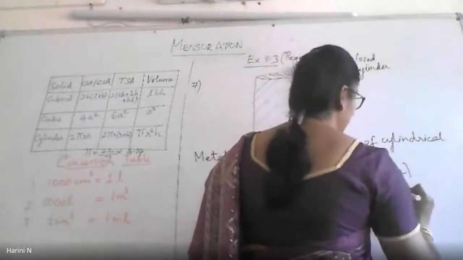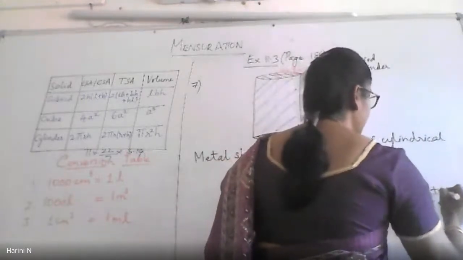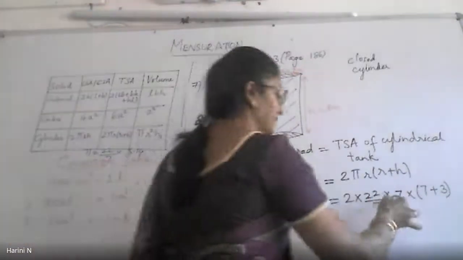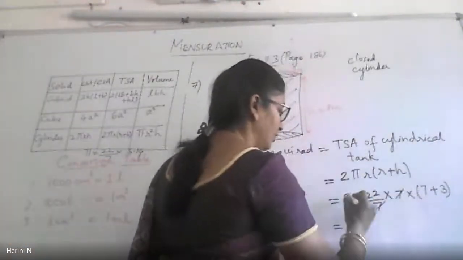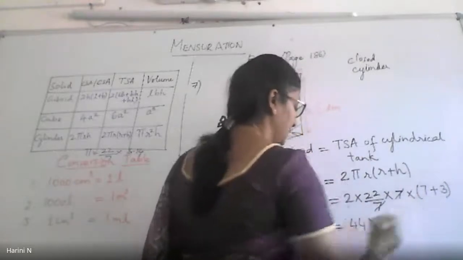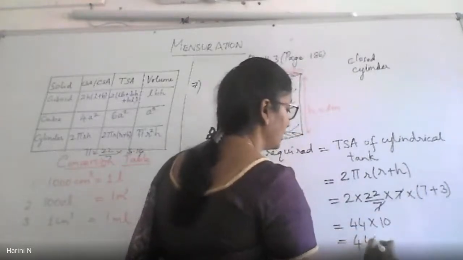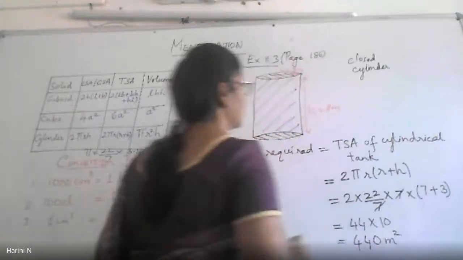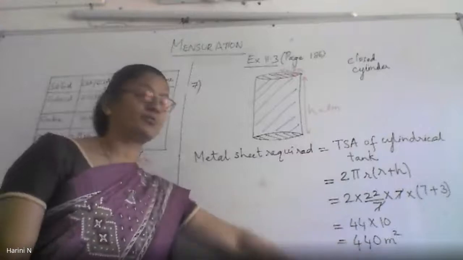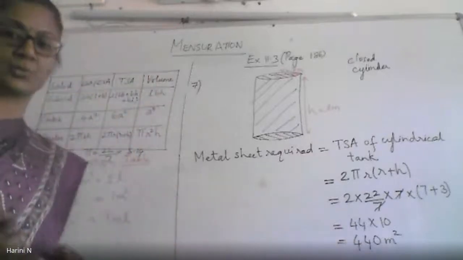The radius is 7 into (7 plus 3). This substitution you should do carefully. Then you can cancel the 7 and 7. You have 2 into 22, which is 44, into 10, since 7 plus 3 is 10. So 440 meter square. Because the radius and the height are given in meters, this will be 440 meter squares.